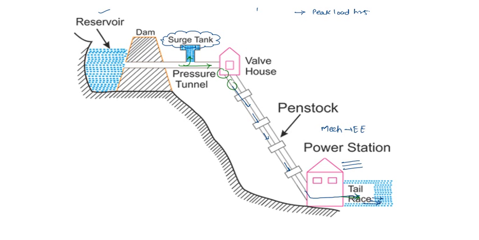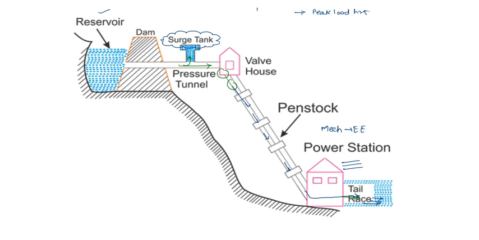For that, there are three types of turbines. First is Pelton wheel. Second is Francis turbine. Third is Kaplan turbine.